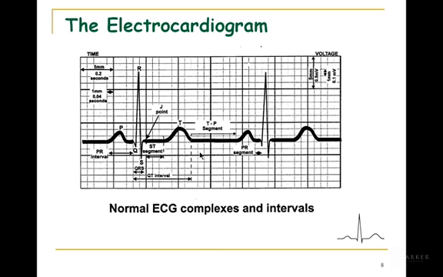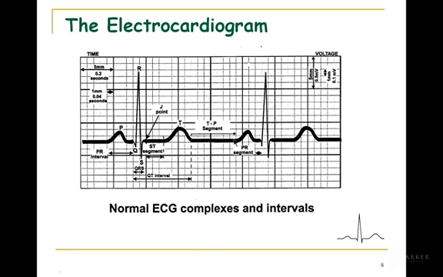So it's combined electrical activity. Also, when you have current flowing, you will see deflections, like the P wave, the Q, or the R. Current only flows if you're depolarizing or repolarizing. If you're completely depolarized or completely repolarized, you'll see just a flat line.